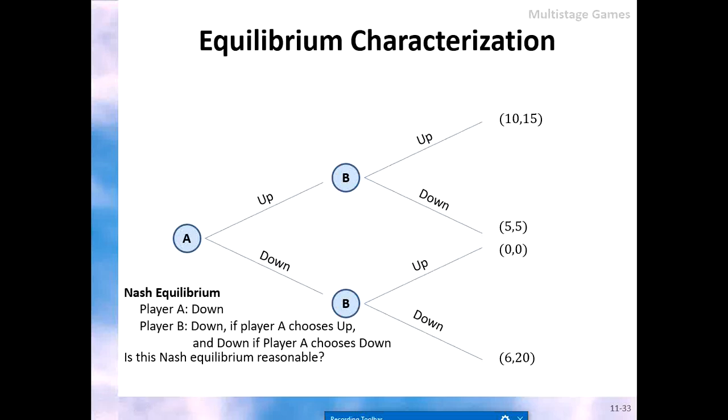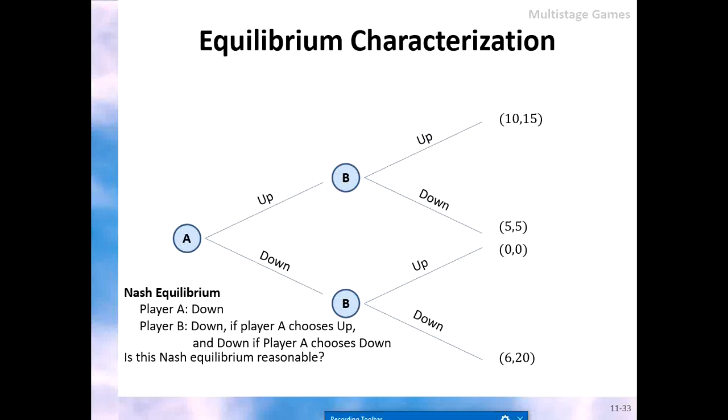Now, what is the Nash equilibrium? To illustrate how strategies work in sequential move games, we suppose that player B's strategy is to choose down if player A chooses up, and player B will choose down if player A chooses down. We just assume that.